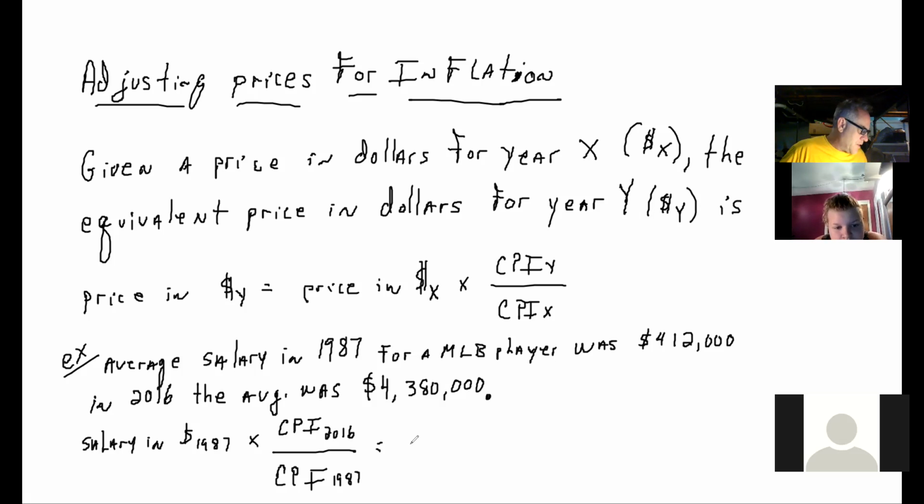Well, when you do the computation, you would have $412,000 times CPI in 2016, which was 240. No, CPI in 1987 was 113.6.